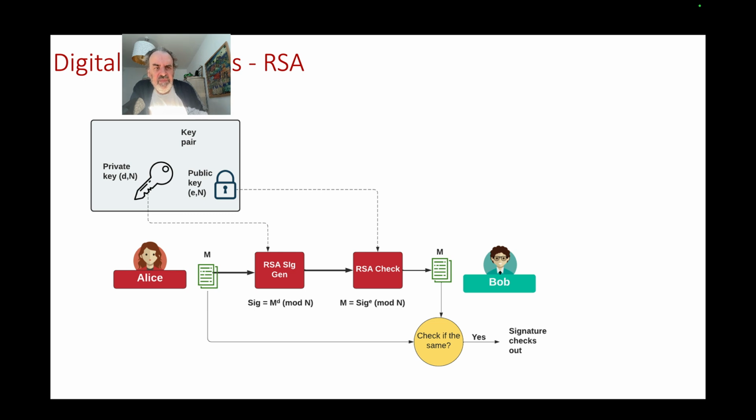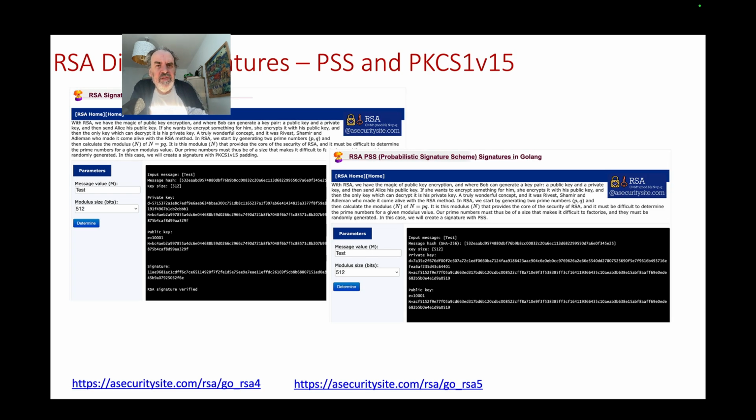With RSA, we take the D and the N value, and it's the same as the encryption process, but we're using different parameters this time, D and N. Then to verify it, we use the E and the N value. So it's the other way around from encryption.